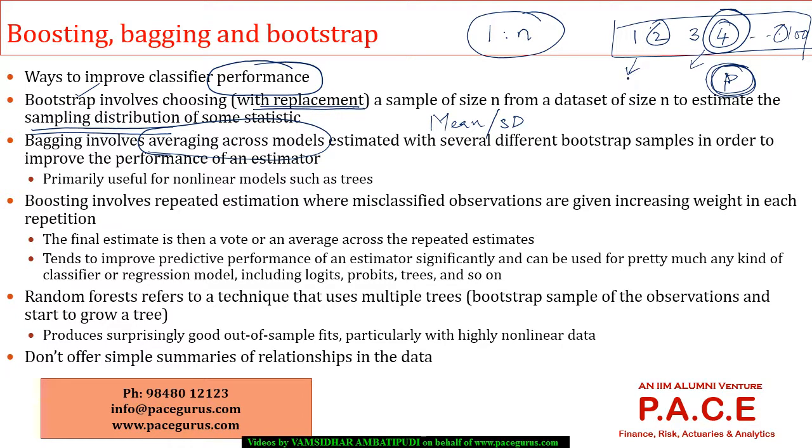Similarly, with p different bootstraps, I create p different models with p different estimators for each of the parameters. Then I average across the models so that the estimator or the parameter is completely tuned, so that the out of sample predictions become more and more appropriate.